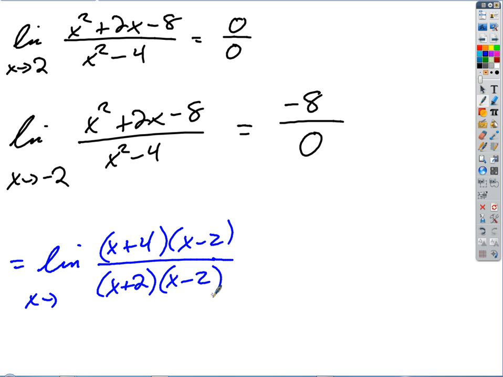Okay, that's pretty useful, right? Because now, right away, we can see that at x equals 2, we're going to get a 0 over 0. Everybody see that? So right away, we know that because algebraically those terms cancel, that's telling us that x equals 2 is a hole.